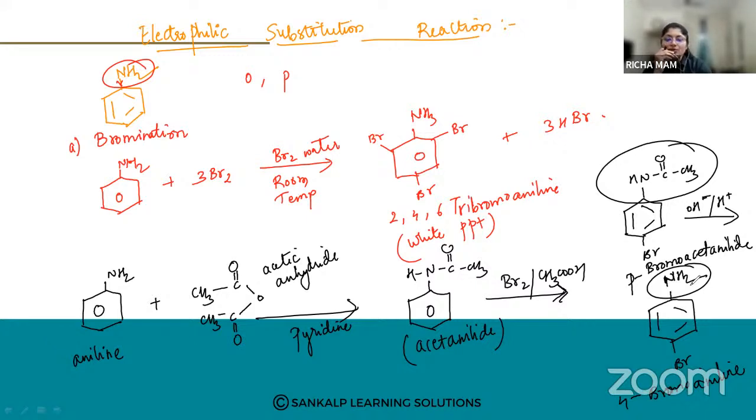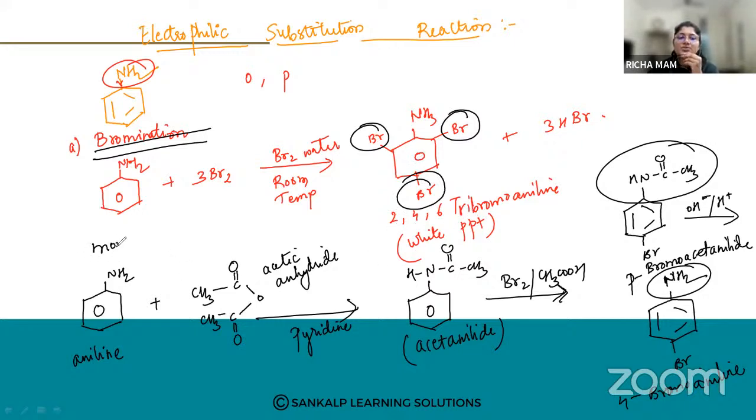So whenever you want a monosubstituted derivative on aniline, first we are going to do acetylation followed by halogenation. Both are halogenation only. When we do bromination at room temperature, we get a tri-substituted product.